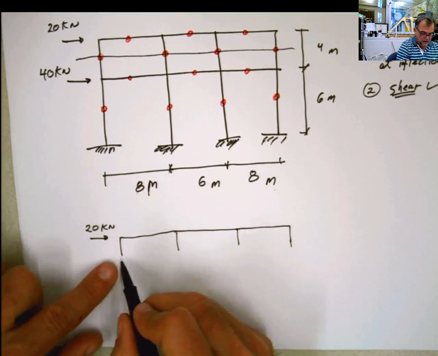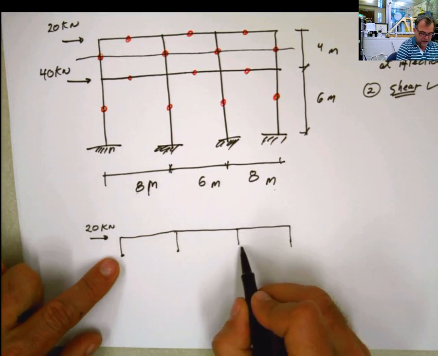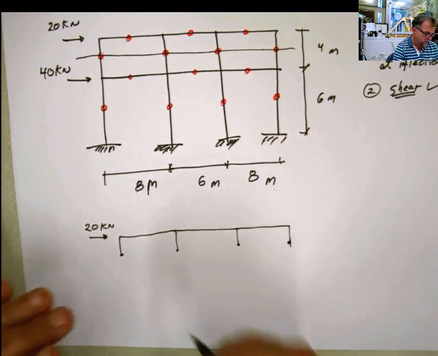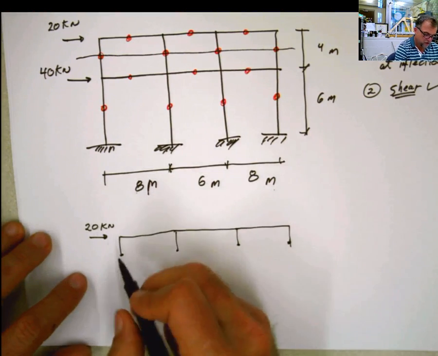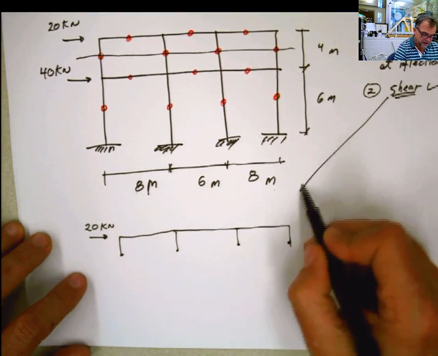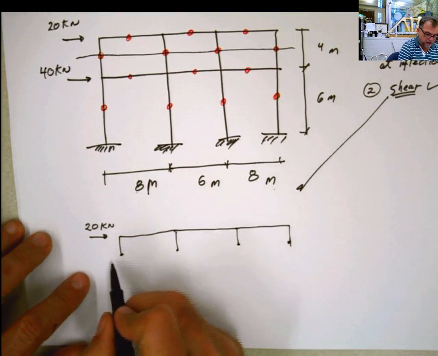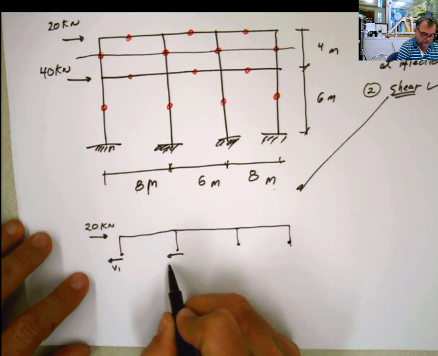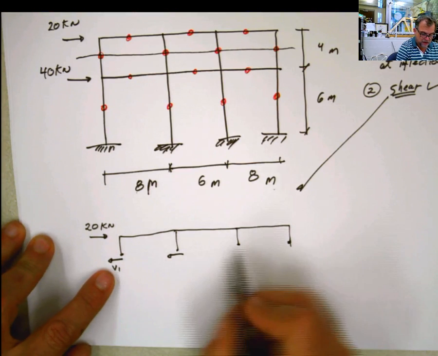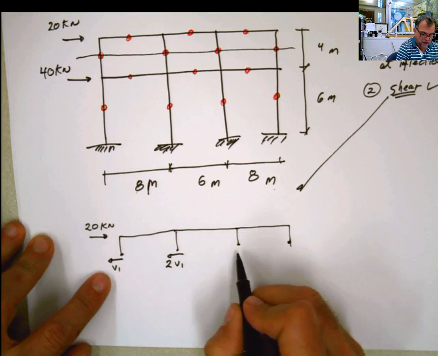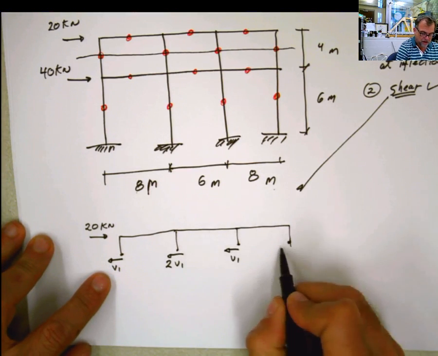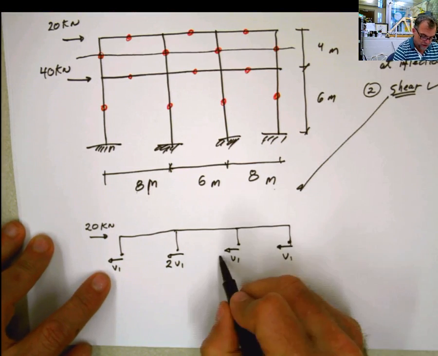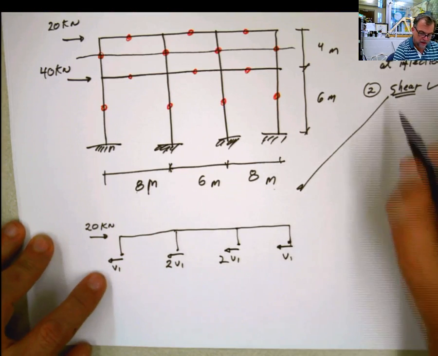In these hinges that I artificially introduced, I know I'm going to have moment, and one vertical force also, but this calculation is dedicated only to calculate the shear. So I'm just going to consider here my shear in this direction, and we say that the interior columns take twice as much shear as the exterior columns. So this is 2, 2, 1, 1.